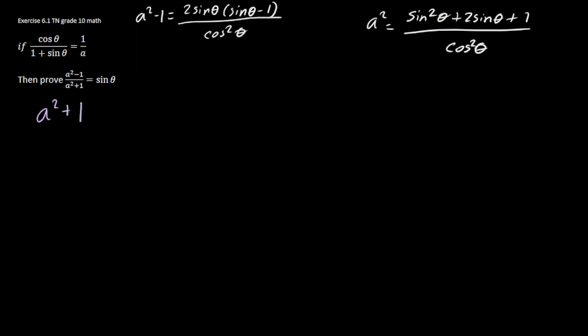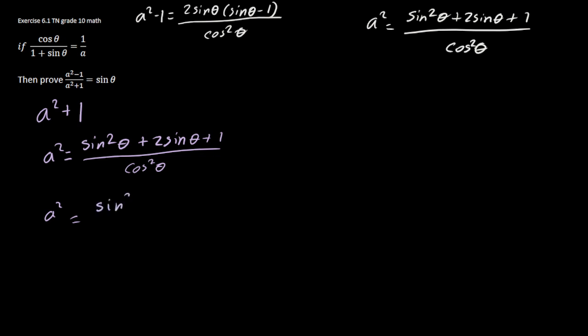So we know that a squared is equal to sine squared theta plus 2 sine theta plus 1 over cos squared theta. And if we add 1 to both sides, we get that a squared plus 1 equals sine squared theta plus 2 sine theta plus 1 plus cos squared theta, all over cos squared theta.